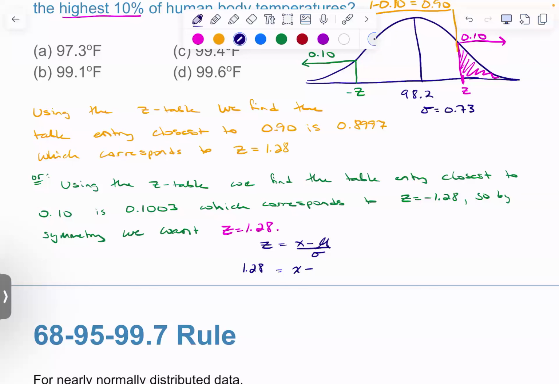And X is the value I'm trying to solve for, minus 98.2 divided by 0.73. And I get 1.28 times 0.73 and then plus 98.2. I get a 99.1344 degrees Fahrenheit.